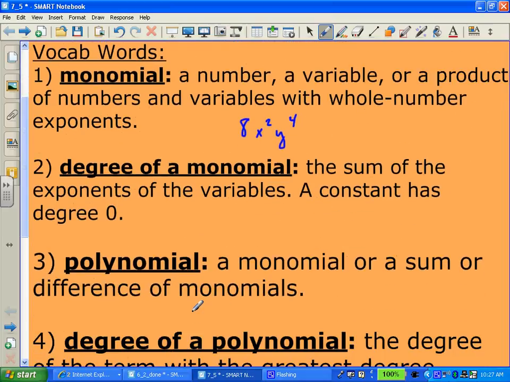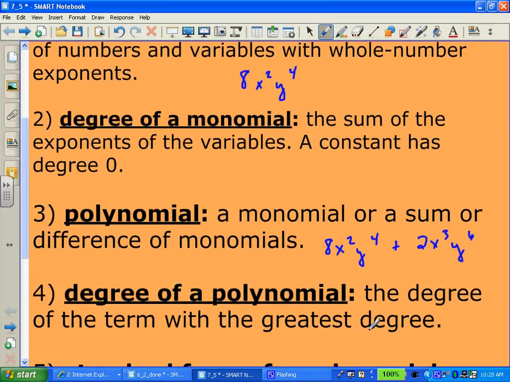And then when we have more than one monomial, either added or subtracted, so let's take the one we had up there and let's add, I don't know, 2x to the third, y to the sixth. As soon as we have more than one of them, it's called a polynomial, because we have more than one. The degree of a polynomial is the degree of the term that has the highest degree.